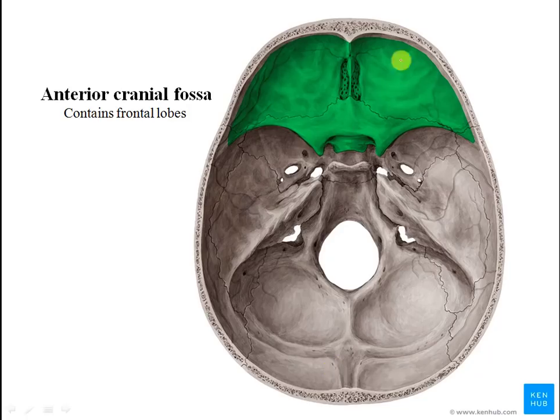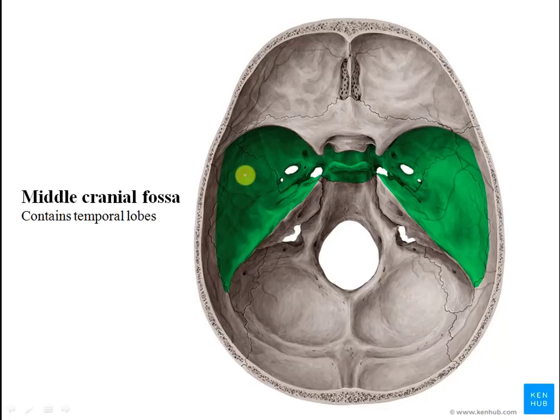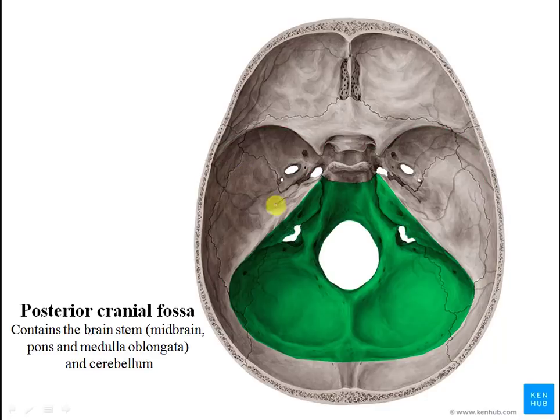So again, the posterior cranial fossa contains the cerebellum, the two cerebellar hemispheres, and the brain stem. And through this large foramen magnum, the medulla oblongata continues as spinal cord.